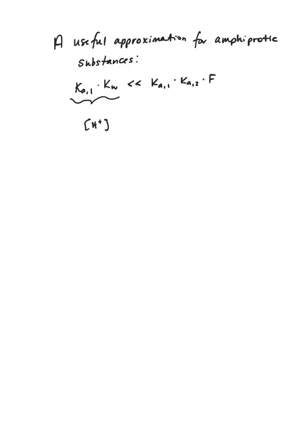In other words, we can approximate the concentration of H plus in our leucine solution like this. And in this particular case, and in many other cases as well, the value for Ka1 is going to be significantly less than the formal concentration, so that the denominator of this term can also be simplified.